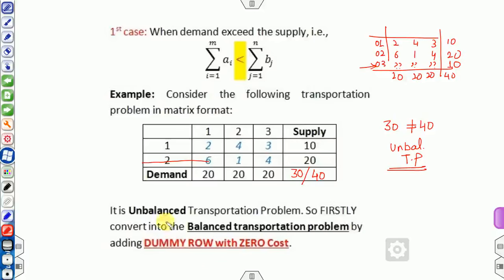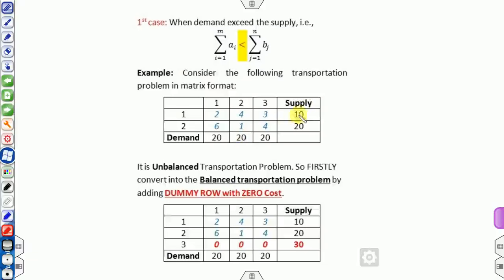So that's why, whenever you convert an unbalanced problem to a balanced one, you do it by using a dummy row with zero cost. What is the meaning of that? This is the original problem, this is my 30, this is my 40. So you have to add the dummy row, with zero cost.